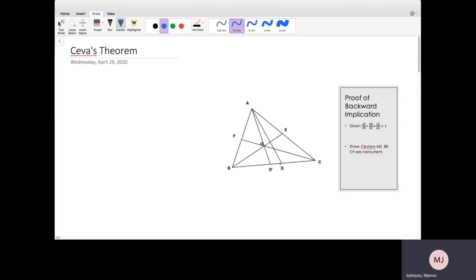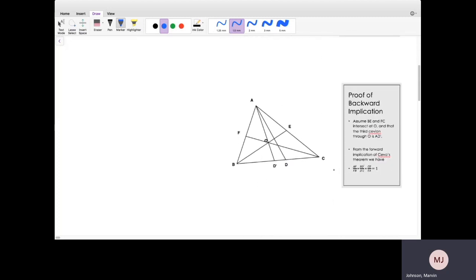I drew AD here obviously not concurrent with the other Cevians FC and BE, because we want to prove that if the equation holds true, then they will be concurrent. That will make more sense when we go into the proof.